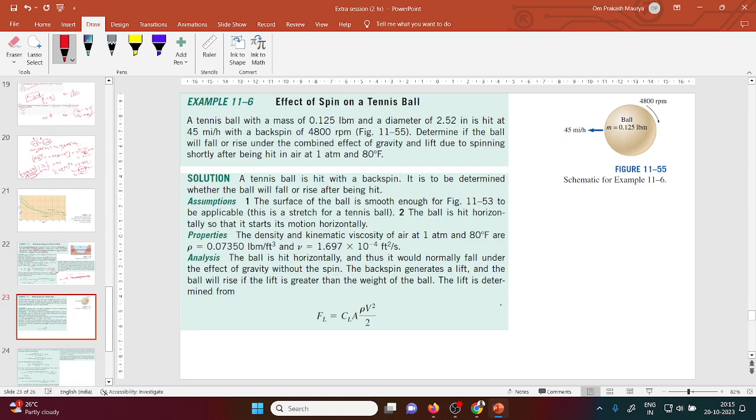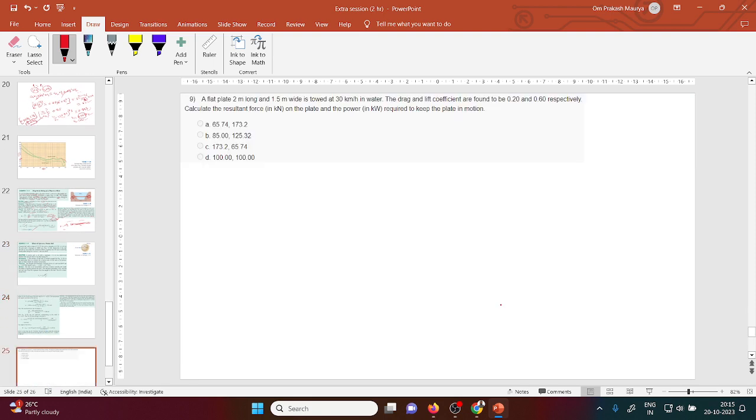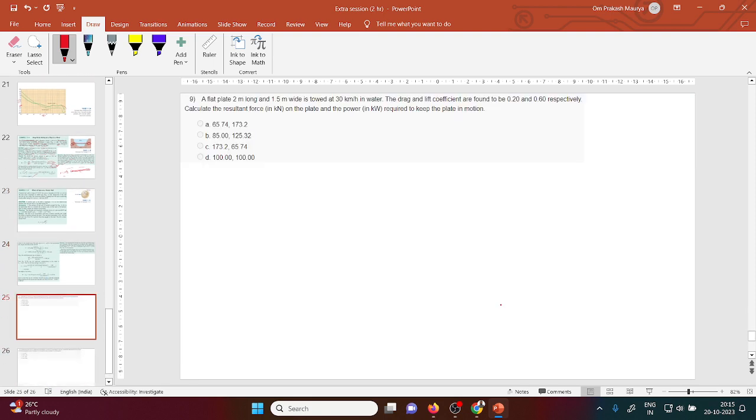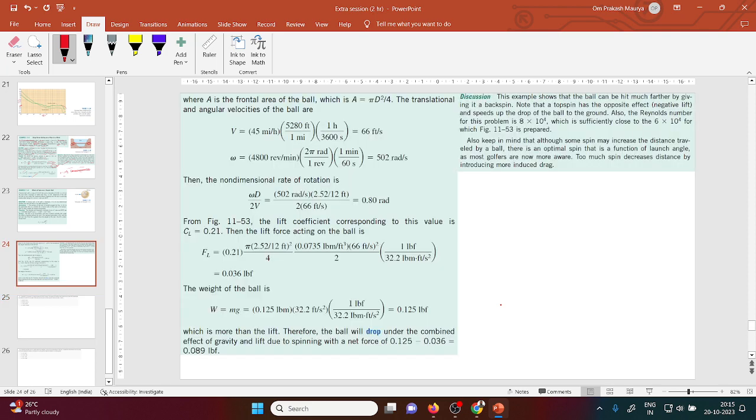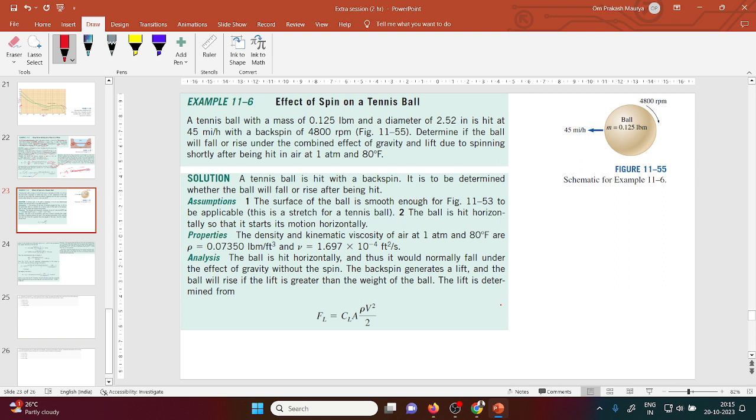So this is also a very important question. This is a similar question to whatever example is here. Actually this is the last one. We'll just solve the effect of spin on a tennis ball. So what is written?